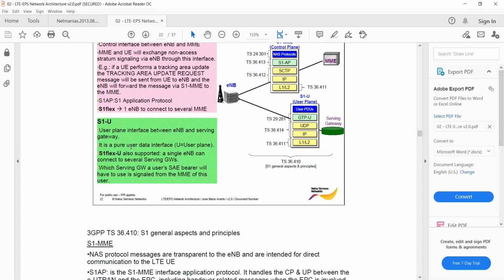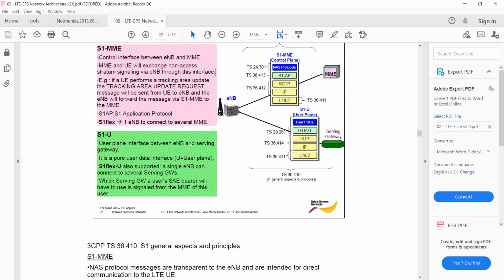It is a pure user data interface, user plane. For user data transfer we have the S1-U interface. For control data transfer we have S1-MME, the S1-C interface. So these 2 points you can write down.